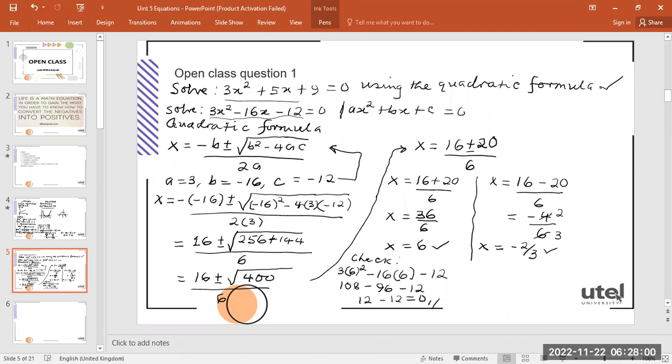So you can see that when we substitute 6 on the left-hand side of the equation, it became equal to 0. It means that 6 is the correct solution that satisfies this quadratic equation. In the same way, if you substitute minus 3 divided by 2 for x in this equation, you should also have 0. You can try that as homework and check if that is true.